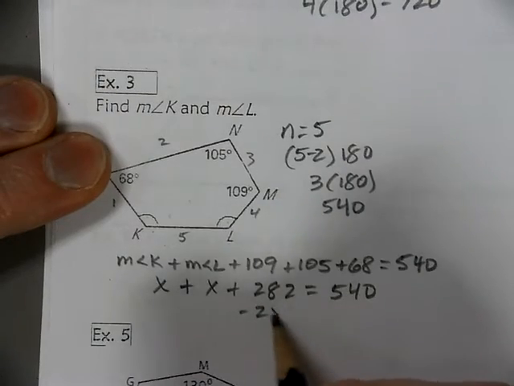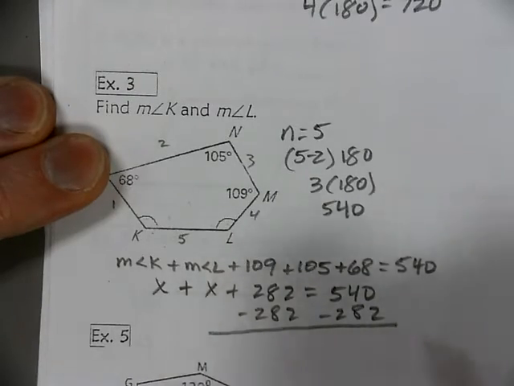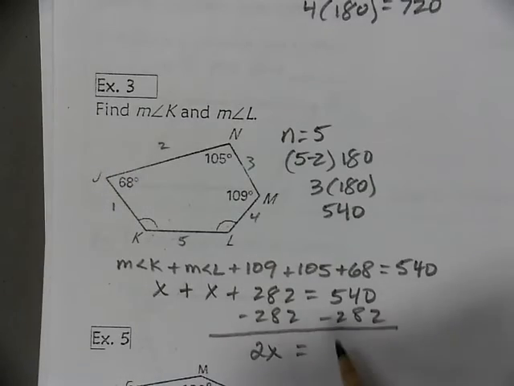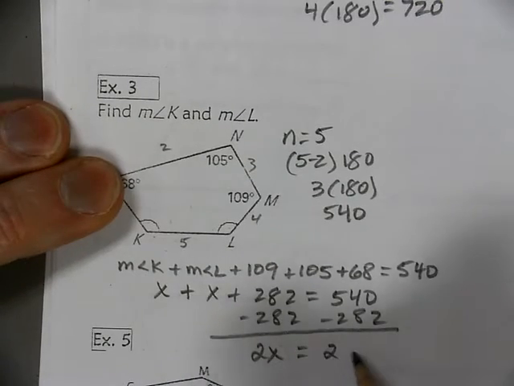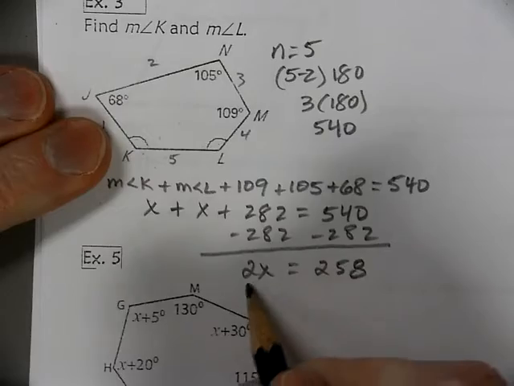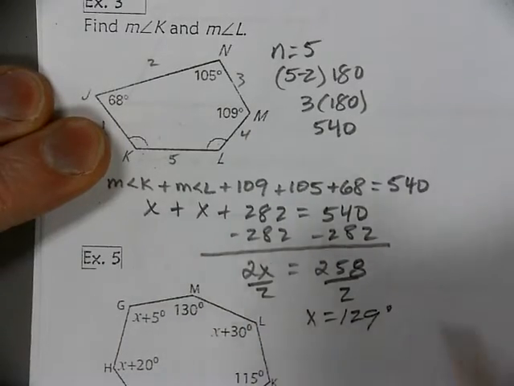If we subtract this 282 over, that'll give us 2 x's, and that's going to leave us with 258. Divide by 2. X will be 129.